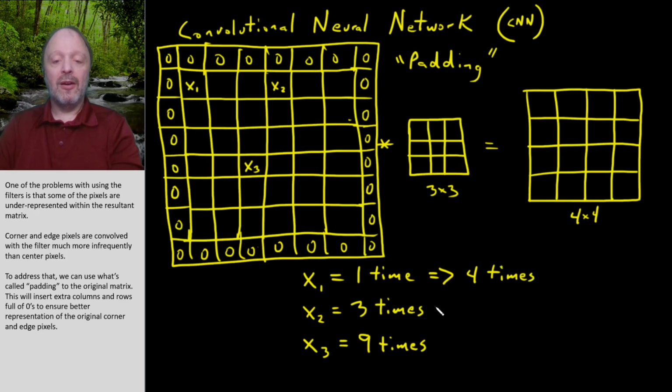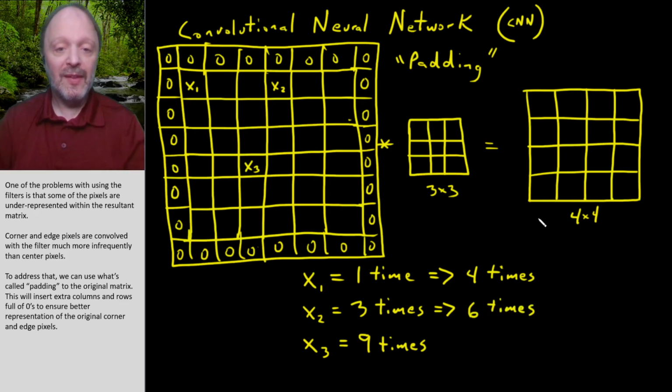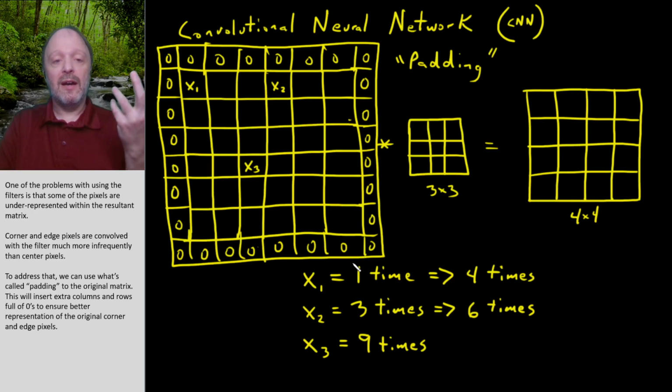Okay. What about X2? Now X2 is going to be interacted with 6 times. And you can already see why we do this. By adding the padding, we help preserve the impact of the pixels that are at the edges and corners of our image. It actually will detect them and use them more than if we don't have padding.